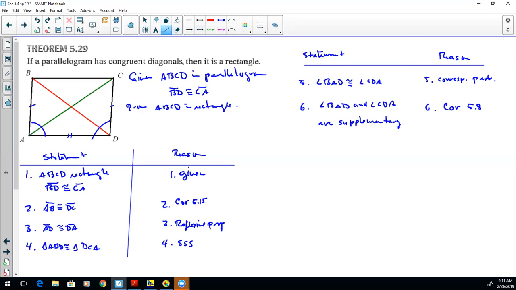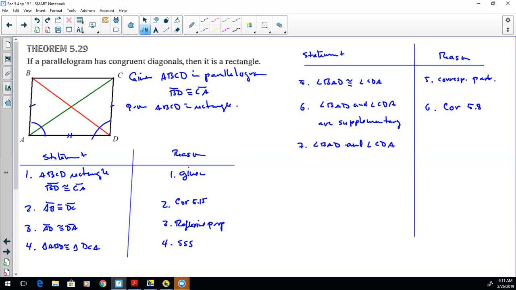When a transversal cuts two parallel lines, interior angles on the same side are, excuse me, supplementary. Now, congruent supplementary angles, if these two angles have the same measure and they add up to 180 degrees, are right angles.